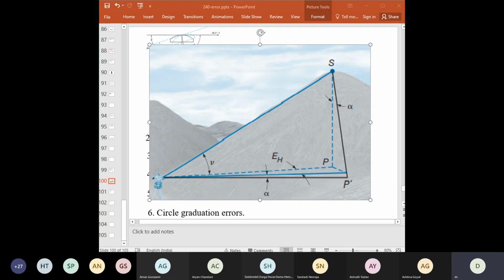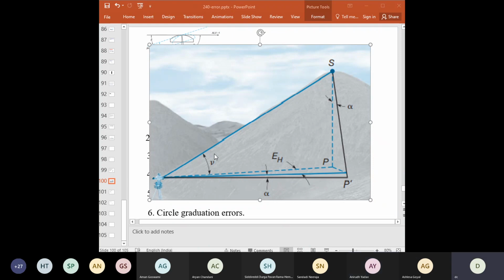So to sight on point S, the telescope is plunged upward from the instrument station, and because the instrument is misleveled, the line of sight describes an inclined line SP dash. You see SP dash, friends? SP dash instead of the required vertical sight line SP.